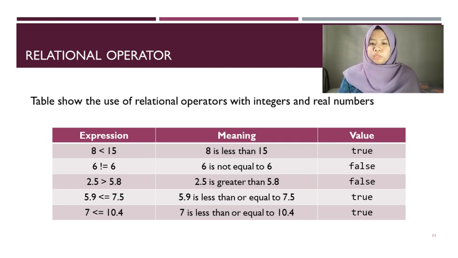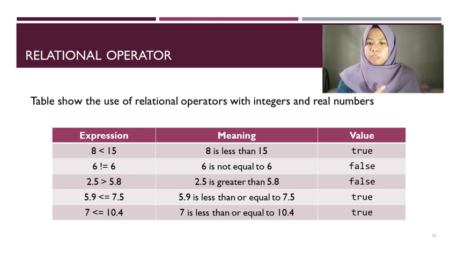For the first expression, 8 less than 15, the value is true. 6 is not equal to 6 is false. If we want the value to be true, it should be 6 equal to 6.